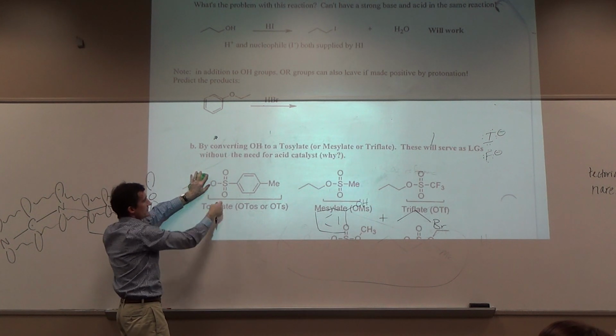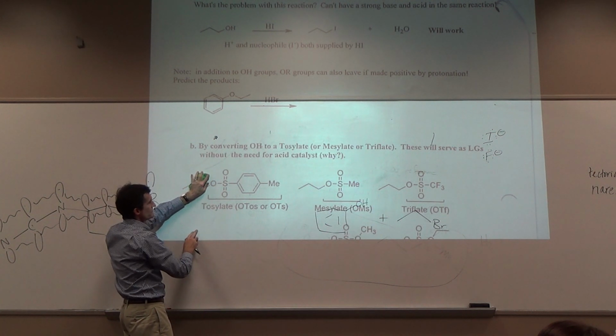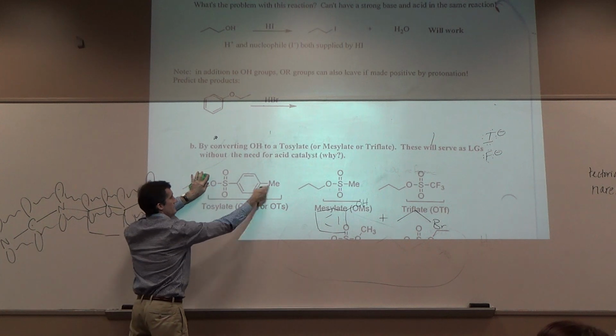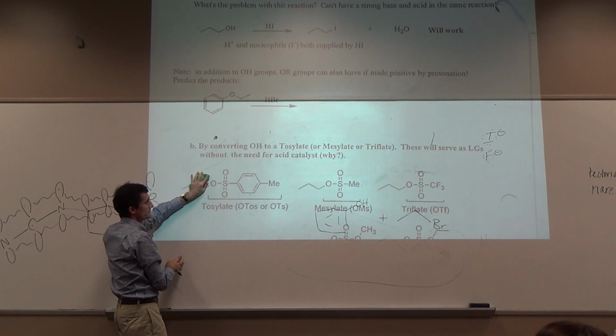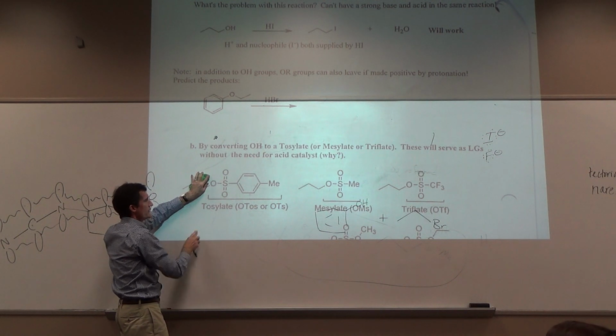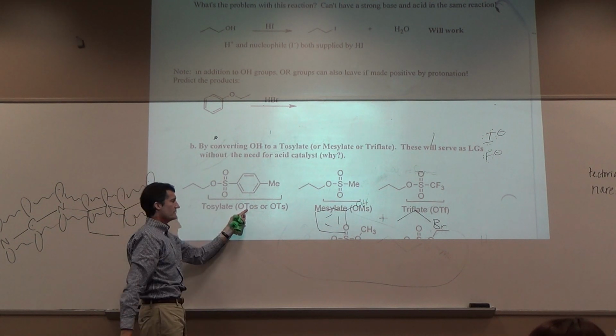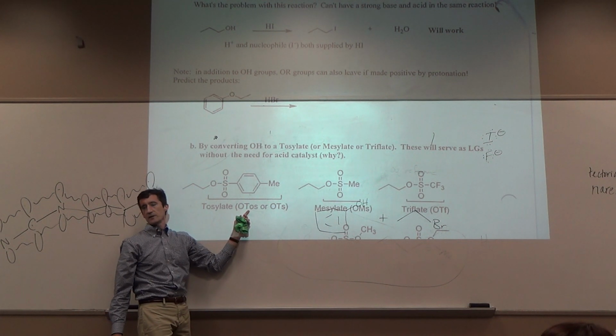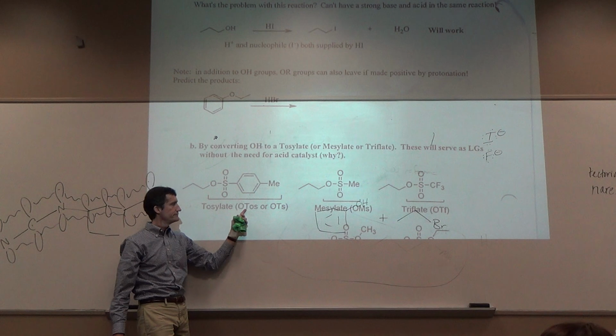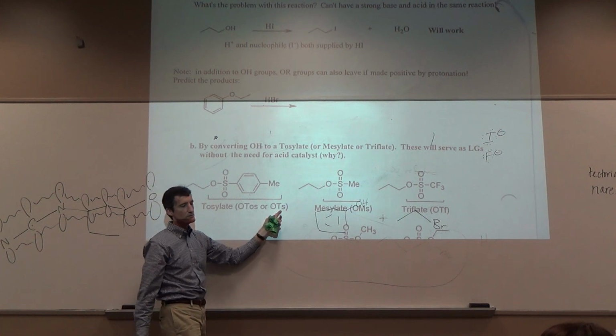And if that was a minus, it'd be a sulfonate. That's a tosylate, or a tosyl group when it's not a minus. Abbreviated to OTos, that's actually not correct. It's strictly OTs. I like to abbreviate mine as Tos, but it's actually supposed to be just Ts.